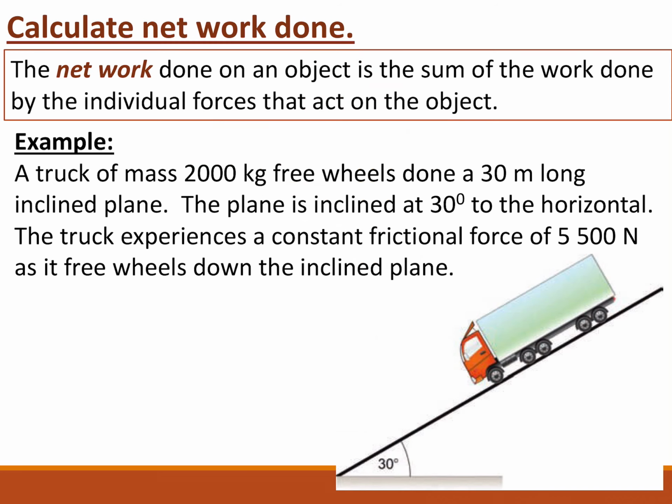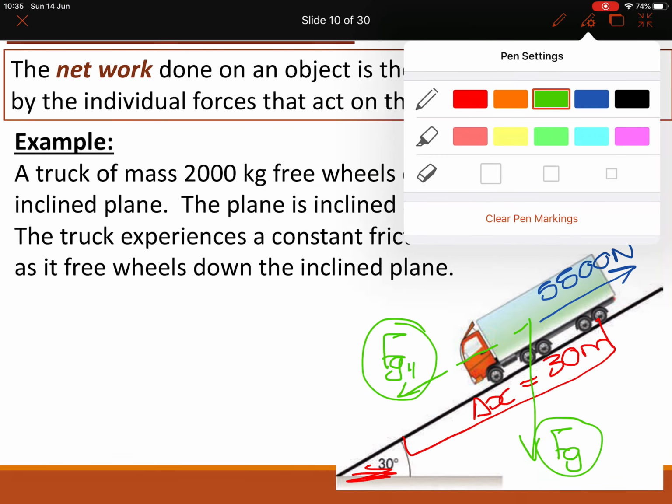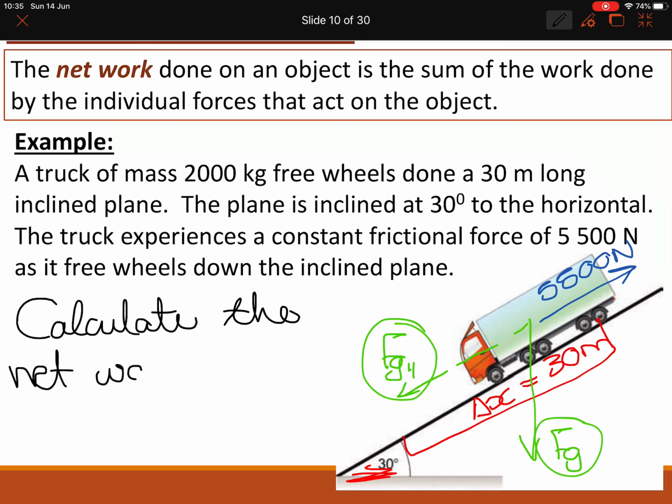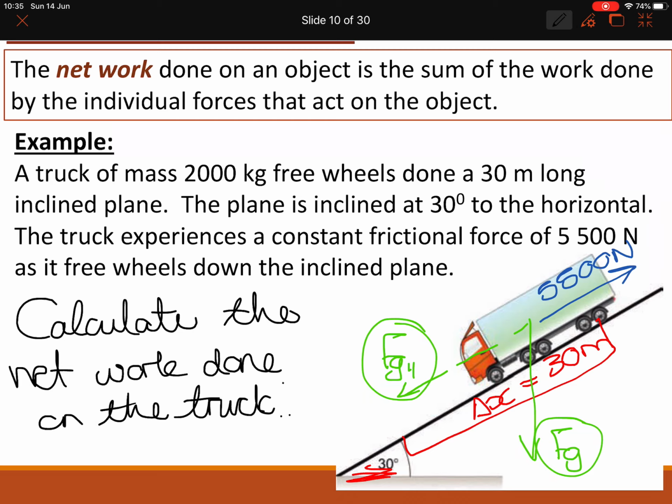So what I actually kept forgetting to put in here is the question: calculate the net work done on the truck. That's the calculation. We're going to do it two ways.